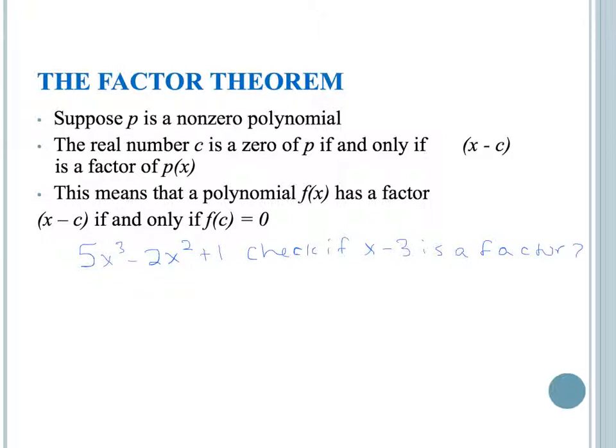Well, I can quickly do this if we take f of the 0 for this would be at x minus 3 equals 0 or at x equals 3. So I'm going to use the value f of 3, and I'm going to plug it in to my original polynomial, 5 times 3 cubed minus 2 times 3 squared plus 1.